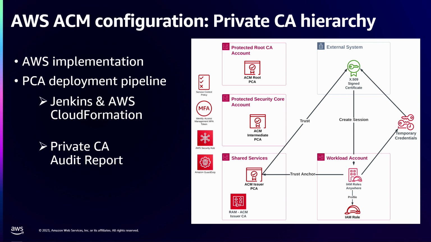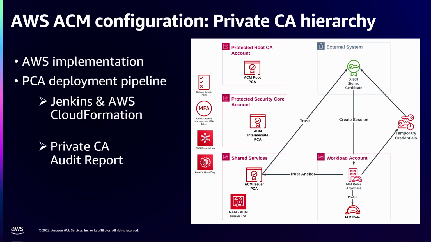Our intermediate certificate is then in our protected security core account, which, I don't want to say that it's less secure than our root account, but it's used for more purposes, right? Our security team has various security tools in it and just has a slightly wider audience. But it's still locked down to the security team, still service control policies, MFA still enabled.